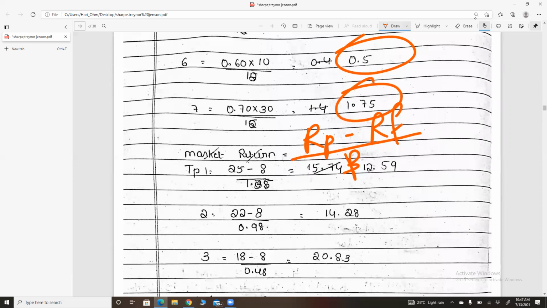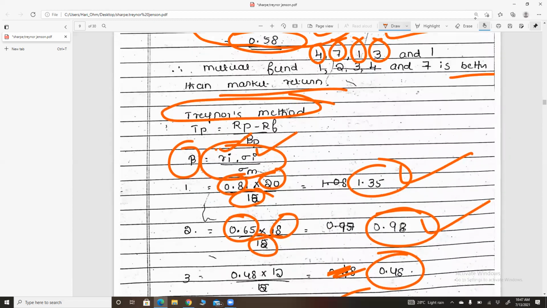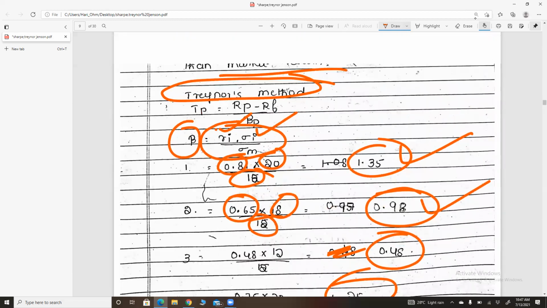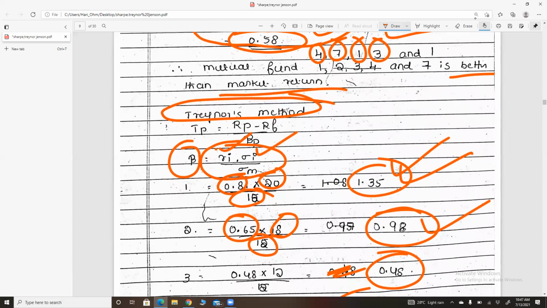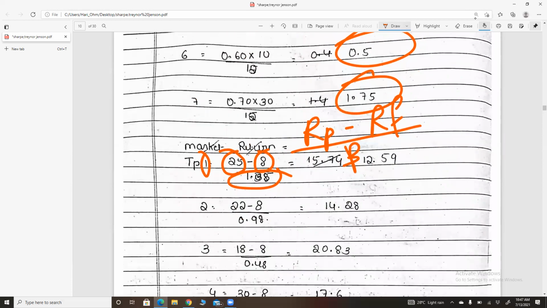So these are the betas. First you take the first mutual fund. Here 25 is the return, 8 is the RF, and 1.35 is the beta. So 25 minus 8 divided by 1.35, the answer is 12.59.